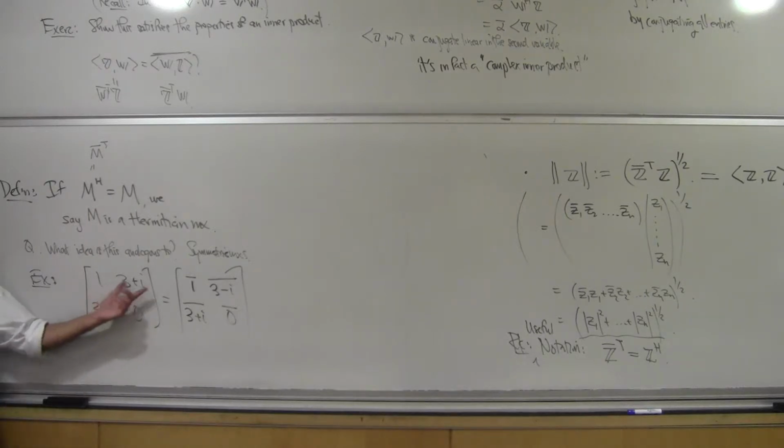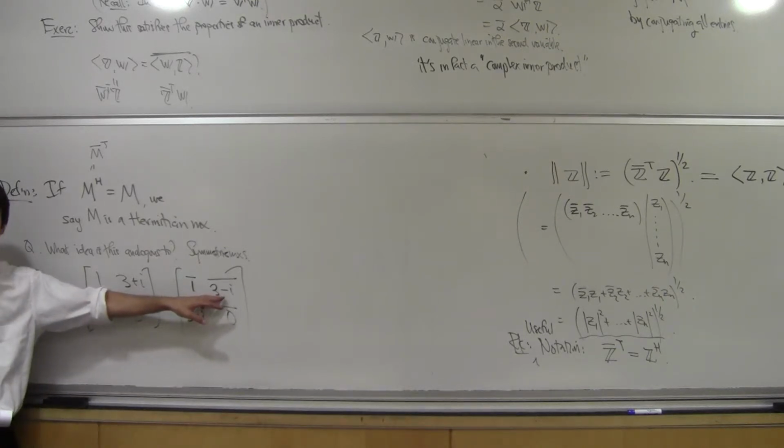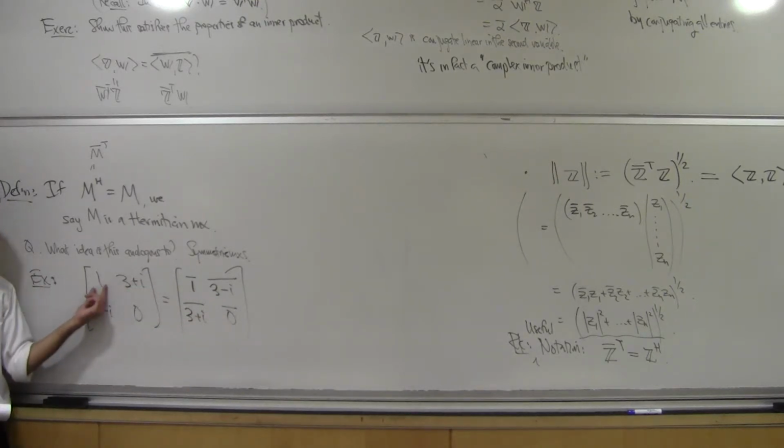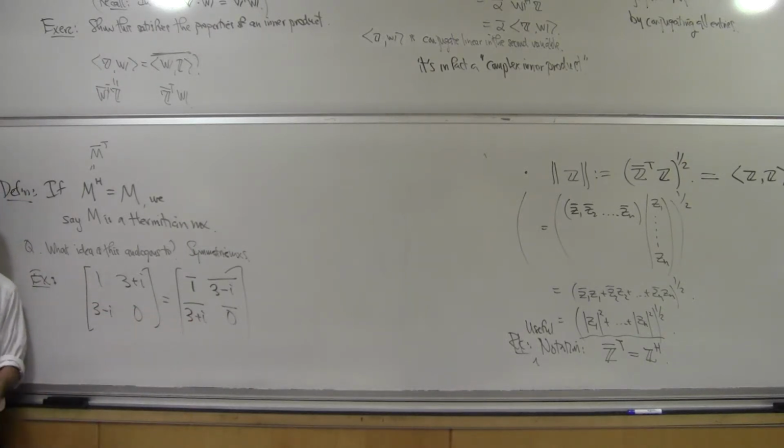I take the conjugate transpose of this matrix, and it equals my original matrix. Because the 3 minus i becomes 3 plus i. The 1, when you conjugate, is 1. 3 plus i becomes 3 minus i. The 0 stays 0.